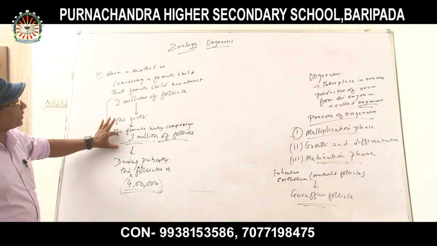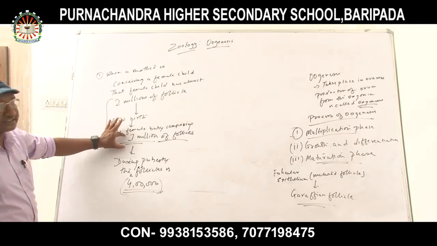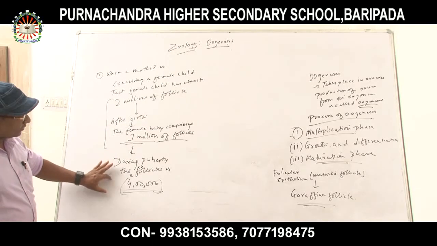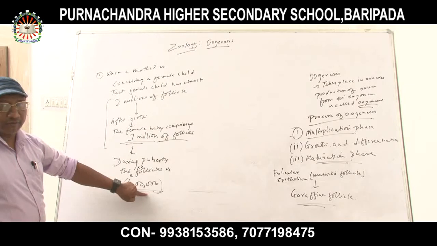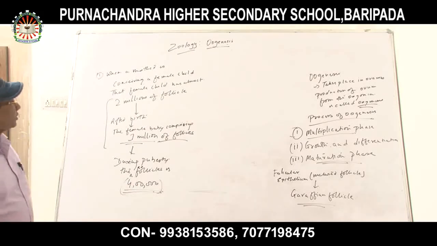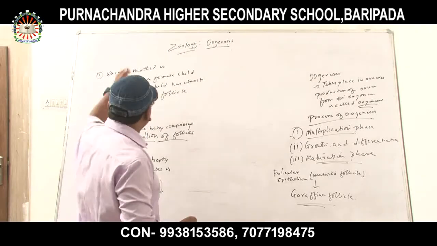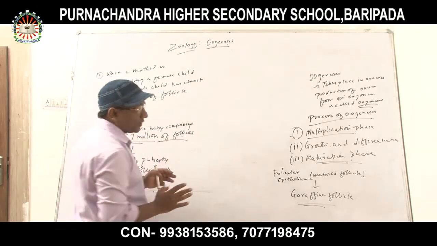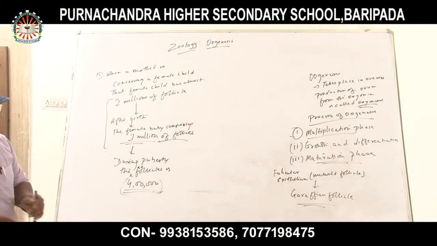After birth, the female baby comprises 1 million follicles until she attains puberty. And after puberty, she comprises 4 lakhs. So all these follicle counts are included under the multiplication phase.